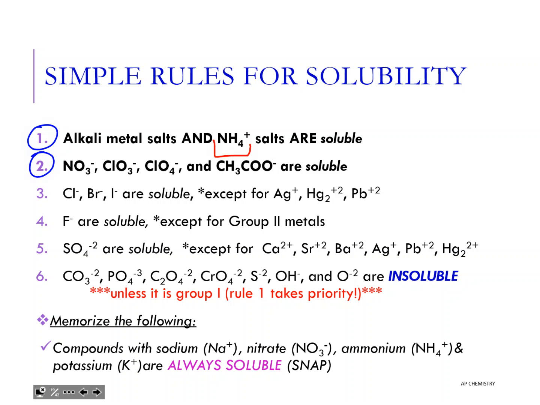You do have to know ammonium. It is on the polyatomic ion sheet. That is one that they say that you have to know for AP specifically. Ammonium salts are always soluble too. So if you see NH4 in it, always soluble. Those pretty much cover the cation side of things, the ions that are positively charged.